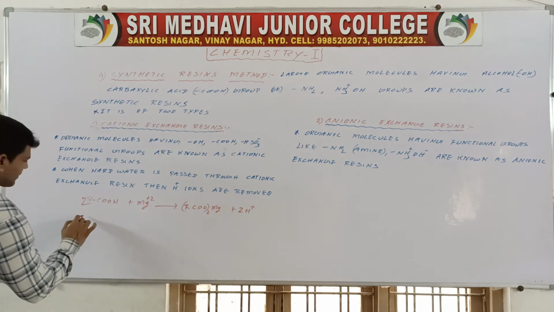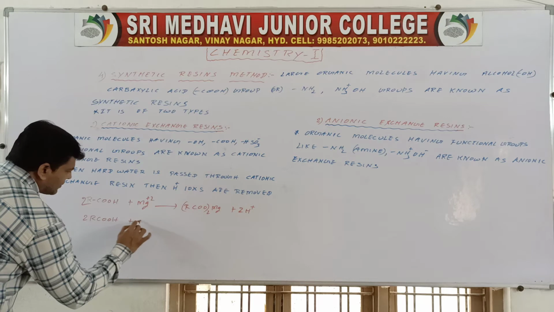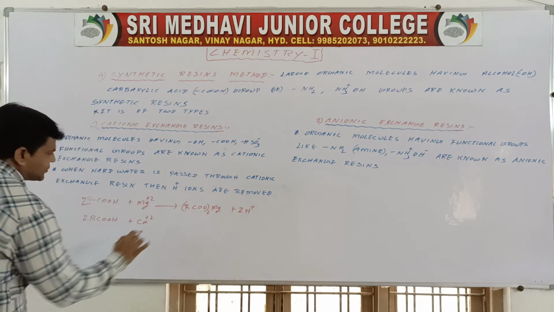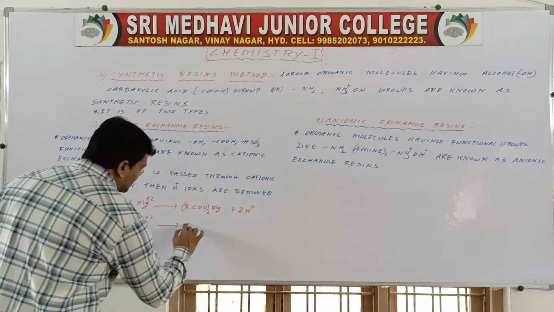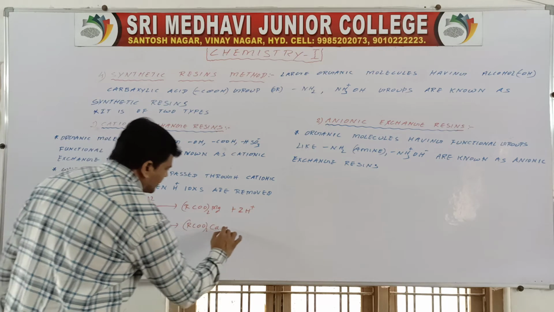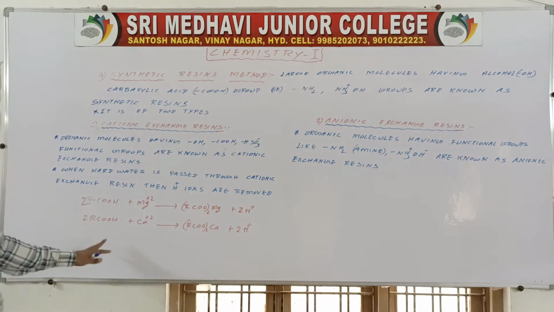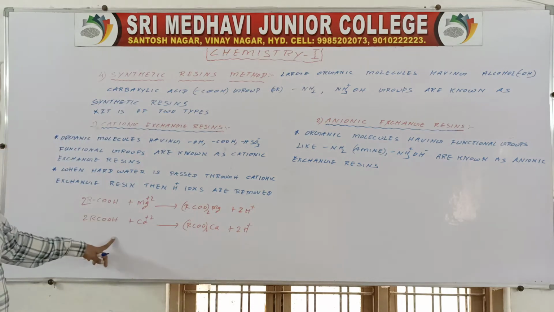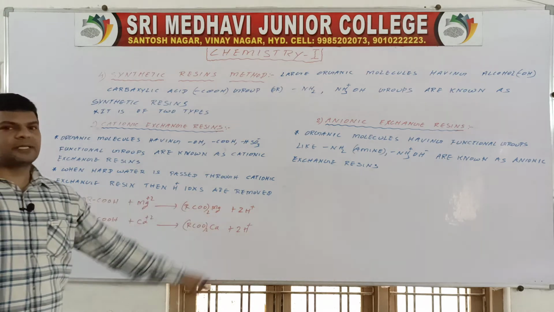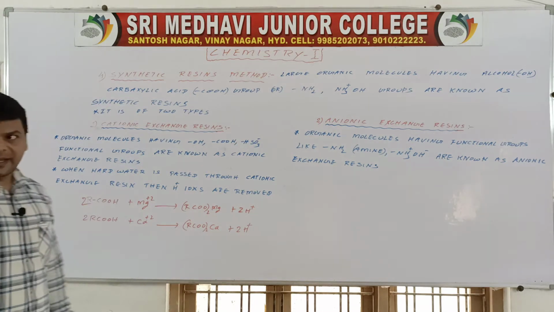In the same way, 2 RCOOH plus Ca 2+ gives (RCOO) twice Ca plus 2 H plus ions. So Ca and Mg 2+ replace H plus ions.